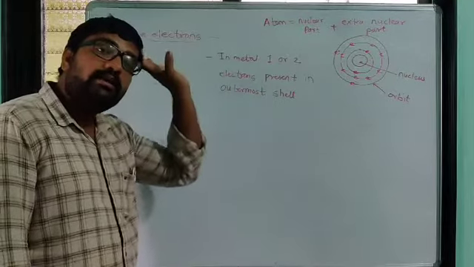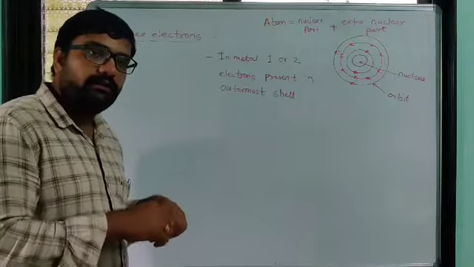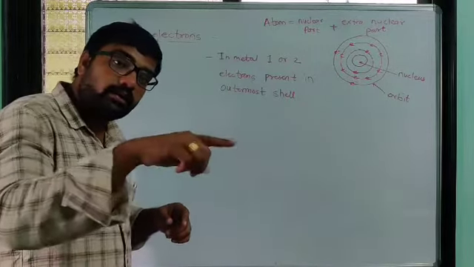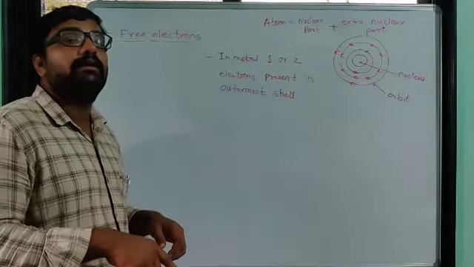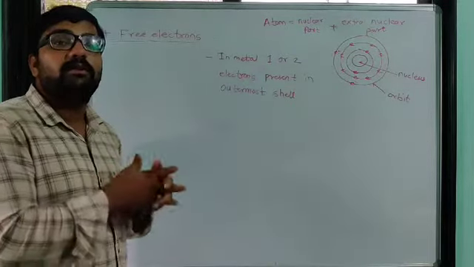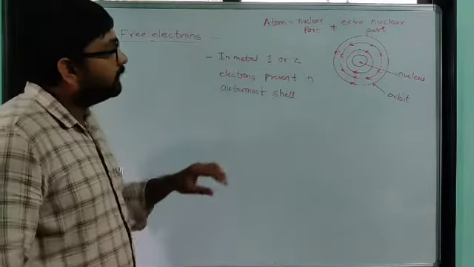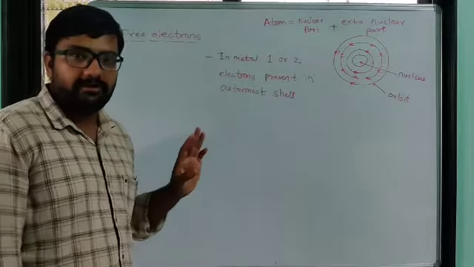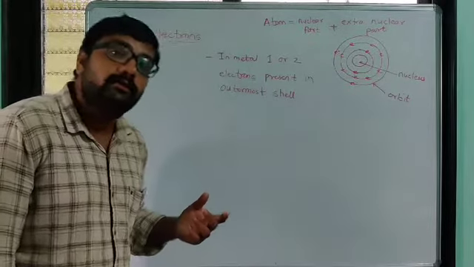As we connect a potential difference across that wire, a large number of free electrons move, and that motion of the negatively charged electrons is nothing but electric current. So free electrons are important: due to these free electrons, electric current flows.